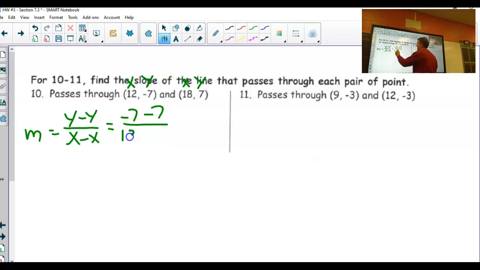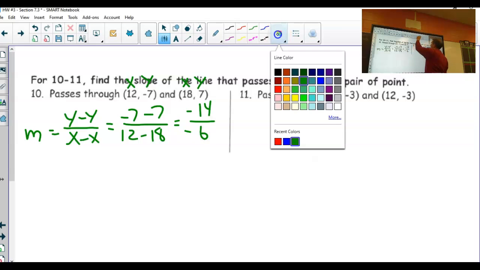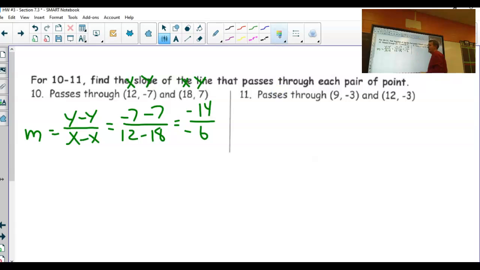And my x values are 12 minus 18. And that gives me -14 on top. 12 minus 18 is -6. And if you put that fraction into your calculator to reduce it, you would find out that it is positive 7/3, because a negative over a negative is actually positive.